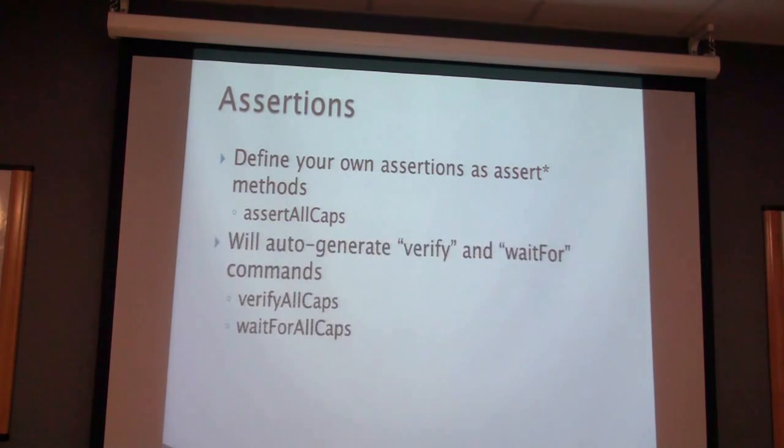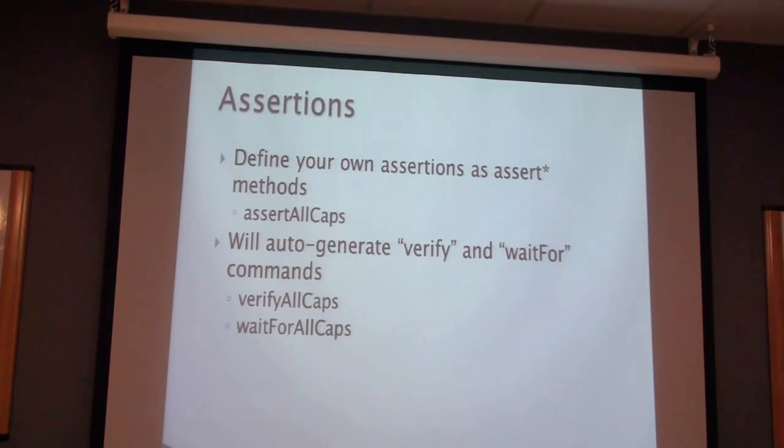Okay. Assertions. Now, the difference between accessors and assertions is that you might not want to store a variable. You just want to say, is it true or is it false? Either it's working or it's not working. So if you just want the assertions, so you don't want all those waitFors and stores and whatnot, you can say assert.